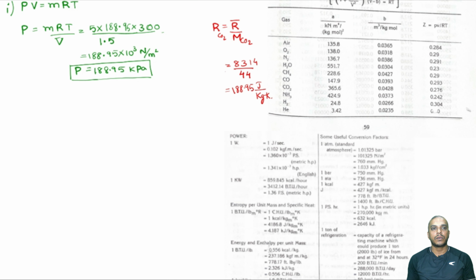The same pressure can be found out using the Van der Waals equation as well. The Van der Waals equation is also present in the data handbook on page number 59. You can see here, I have tried to copy the page.